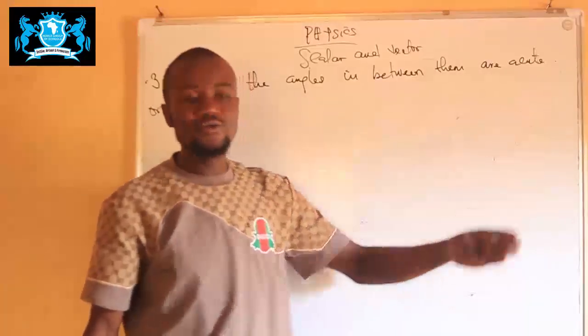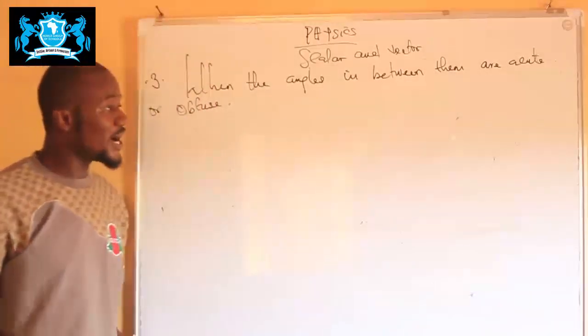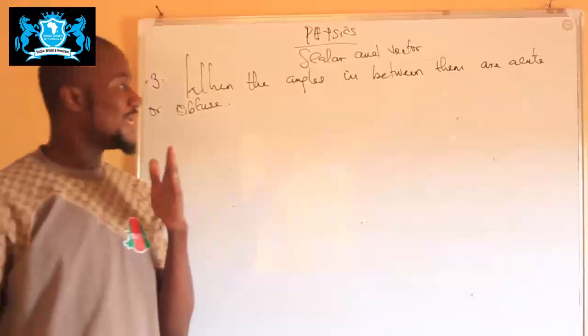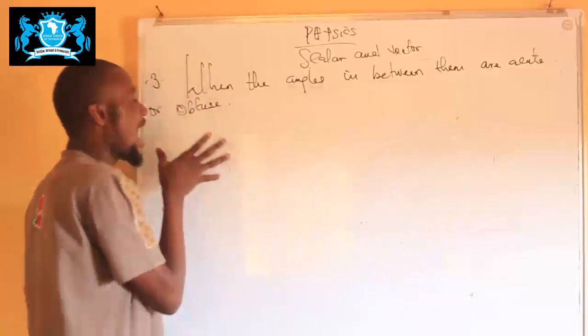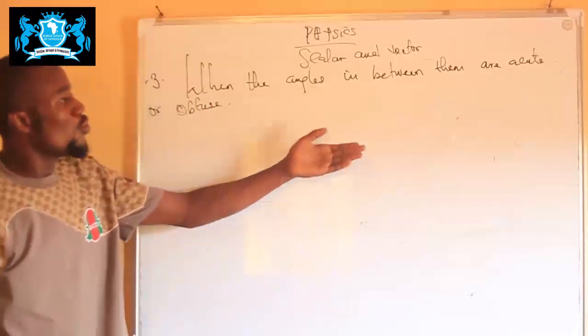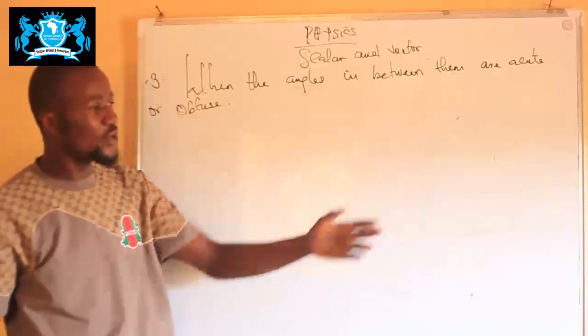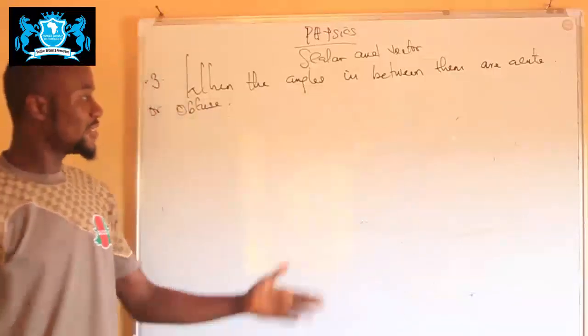Acute angles are angles that are greater than 0 but less than 90. And obtuse angles are angles that are greater than 90 but less than 180. So when the angles in between them are acute or obtuse, in this condition we are going to pay more attention, because this is where WAEC or other external bodies used to get their questions.